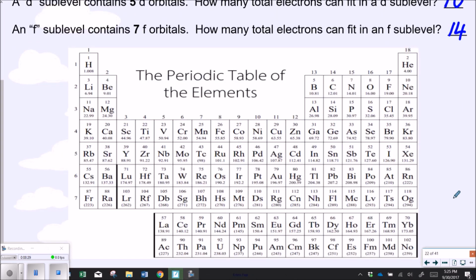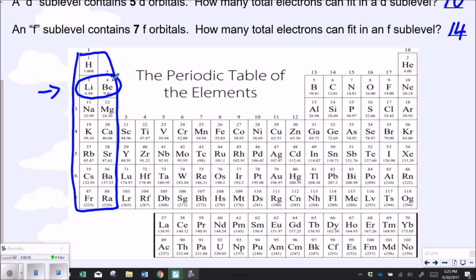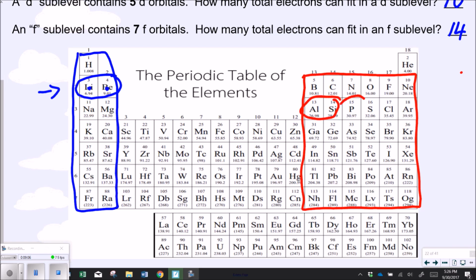We go back to our S, P, D, and F blocks. So if I have the S block over here, and let's say I pick energy level number 2, there is an S orbital, and it can hold 1, 2 electrons. If I go to my P block, and I pick an energy level, I have 1, 2, 3 orbitals.